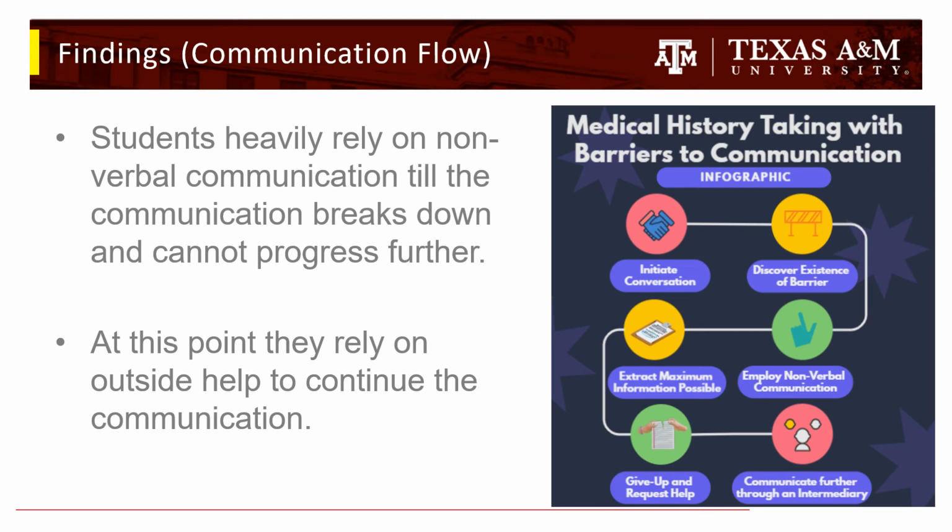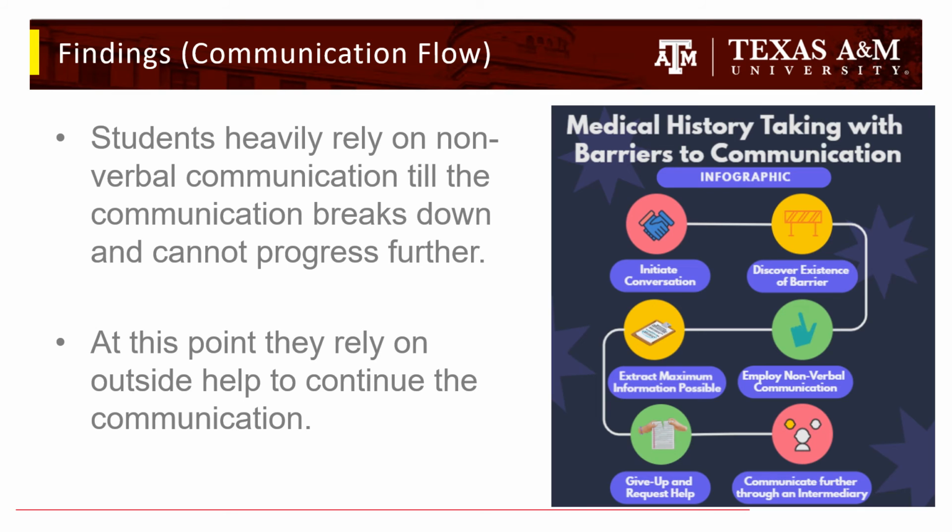The infographic on this screen shows 6 steps that occur when a patient-doctor interaction breaks down due to communication barrier. The first step of the process is the initiation of the conversation. After that, the doctor, in this case the medical student, realizes the existence of a language barrier.